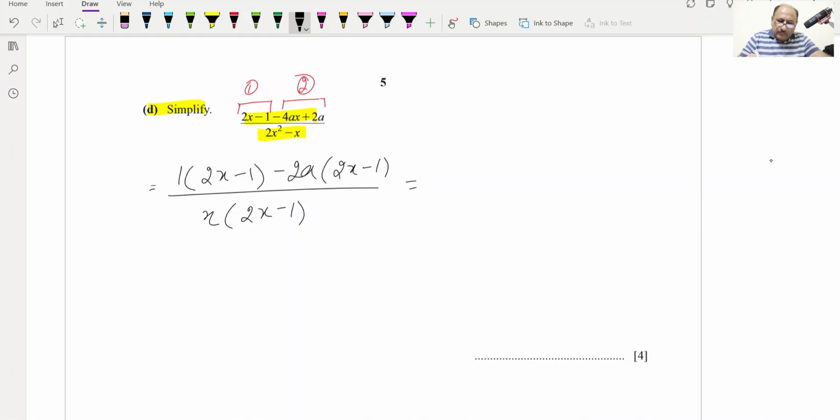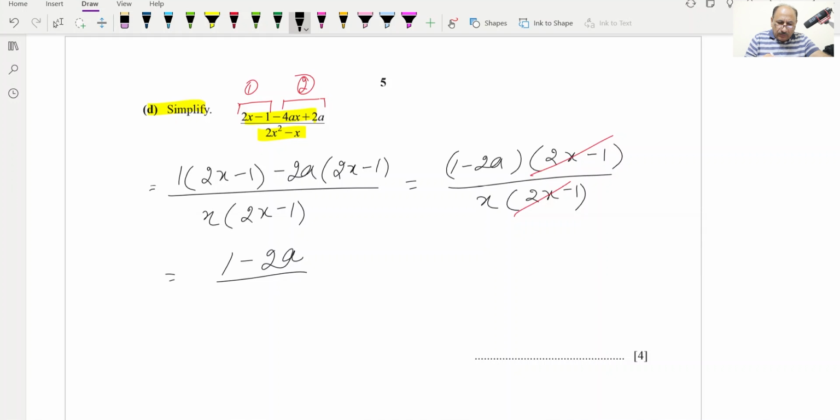And now next step we can write this as (1 minus 2a) and (2x minus 1) divided by x into (2x minus 1). Further we can cancel this with this and we will get the final answer, 1 minus 2a over x. This is a 4-mark question.